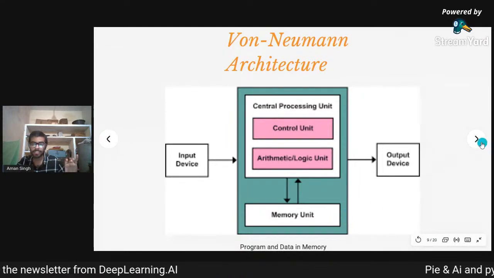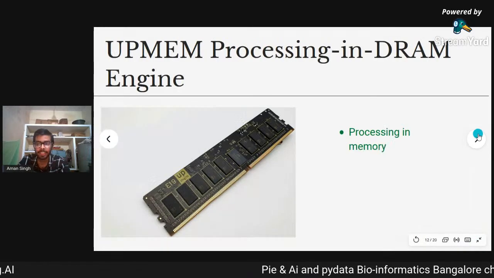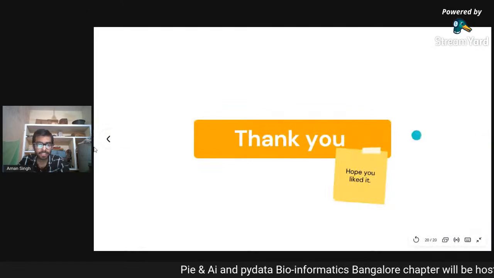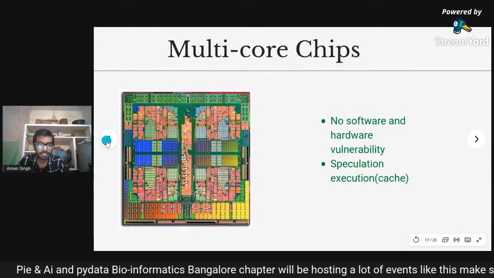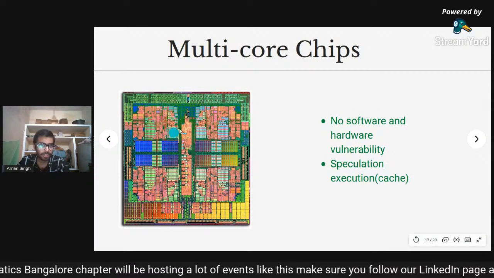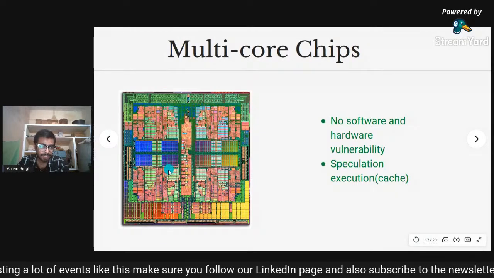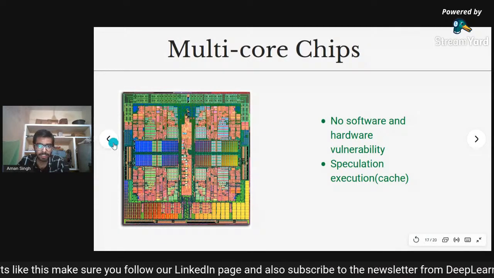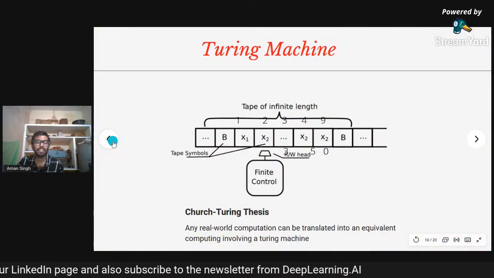I forgot to import it, I have it in the multi-core models. Here, this is core one, this is the cache of this, and this is core two, this is the cache of this. These are separate caches for separate cores.